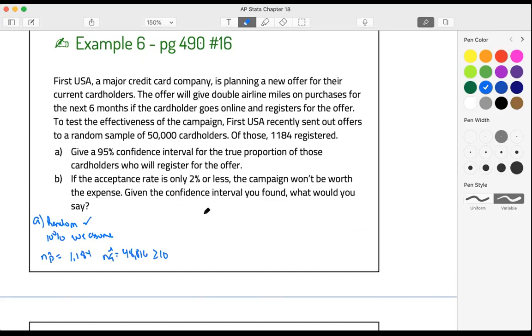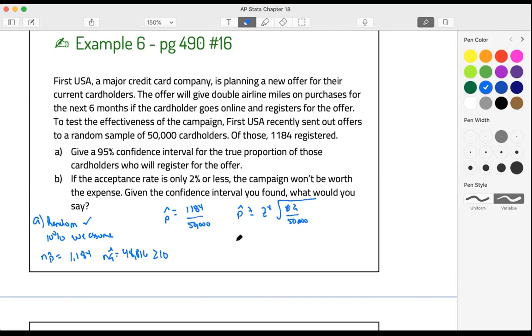Now, let's go ahead and calculate this. So first step is taking our p hat, which is going to be 1184 divided by 50,000. Okay, so our confidence interval is p hat plus or minus z star times the square root of p hat q hat over 50,000.